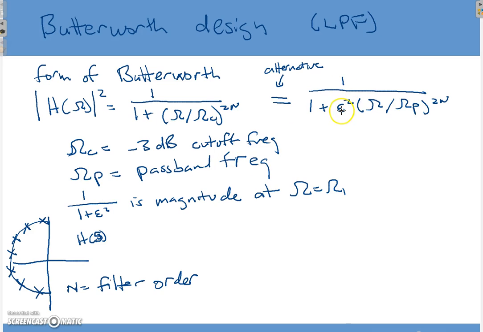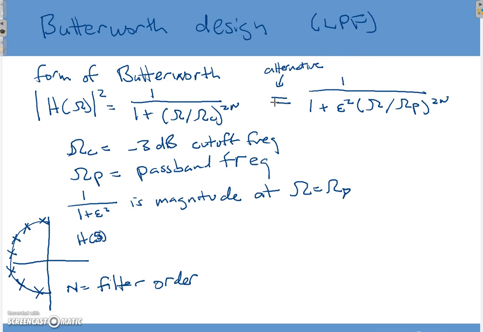And this epsilon is just basically when you have the frequency equal to the passband frequency here, this goes to 1, and it doesn't matter what the filter order is, it's 1 to some power. So 1 over 1 plus epsilon squared is the magnitude at the passband frequency. It's just another way of specifying your cutoff. This is for, I'm assuming here, a low-pass filter.